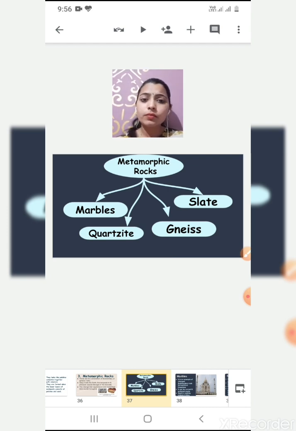Now, today also I am giving you one homework: you have to make the diagram of the types of sedimentary rocks and the diagram of metamorphic rocks. Means you have to write its types. First of all you will write down sedimentary rock and its types. Then you will write metamorphic rock and its types.